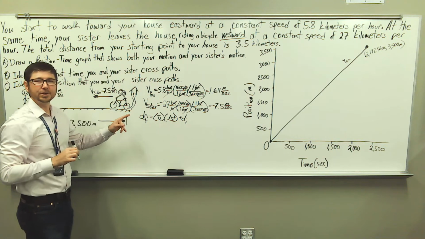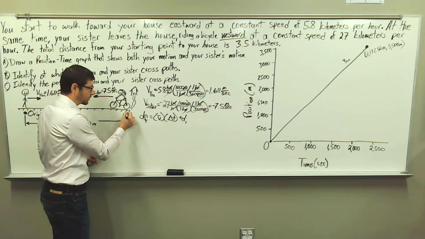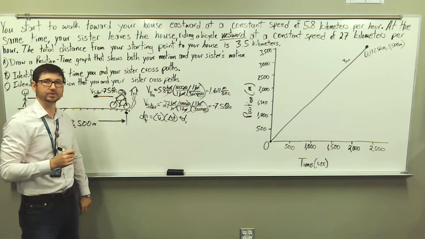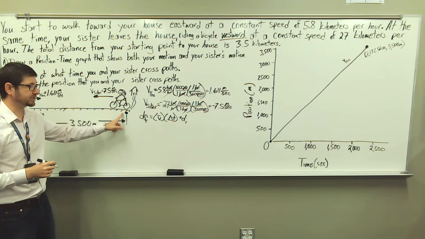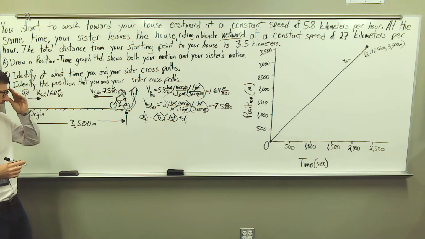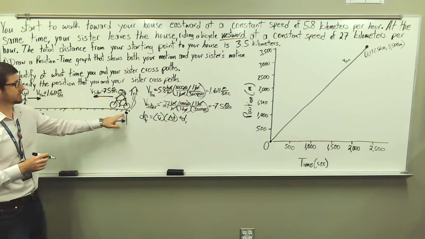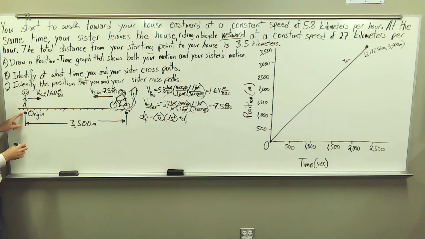You start at the origin and you wind up 3,500 meters away from where you started. But your sister is starting at a position of 3,500 meters away from the origin, and she will end up at a position of 0 meters. So she will end up at the origin, okay? So our final displacement, she will be at a position of 0 meters because she'll be at the origin.